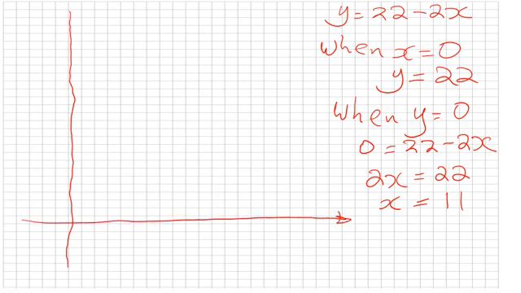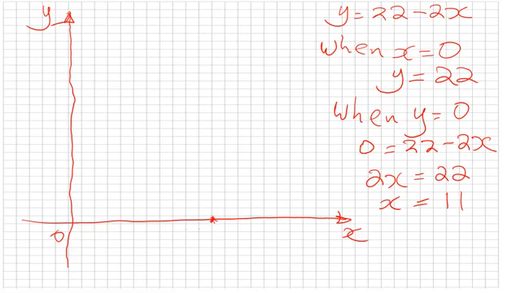Okay. This is the x-axis, that is the y-axis. This is 0. So on the x-axis, 1, 2, 3, 4, 5, 6, 7, 8, 9, 10, 11. Okay, so our 11 is there.